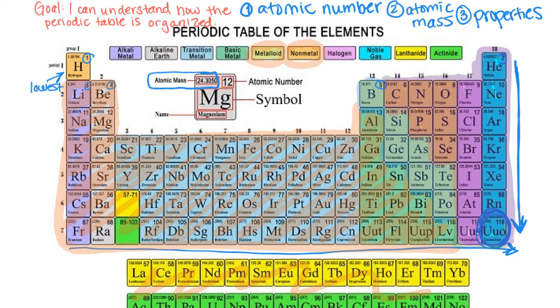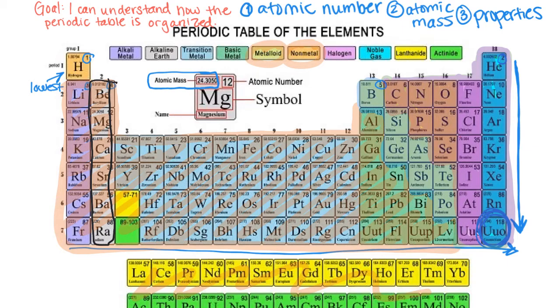And then the last thing is identifying which things are the most like each other. Like I said, they have similar properties. All the metals have similar properties, and we'll talk about those in a second. All the non-metals have similar properties. But then we have to wonder which ones are the most similar. The way the periodic table is organized is that if they are in a column like this, stacked on top of each other, then they have the most similar properties.